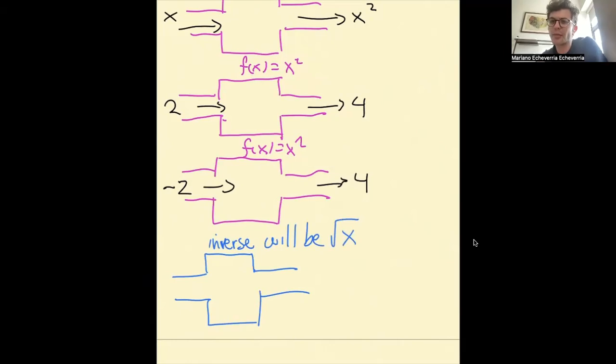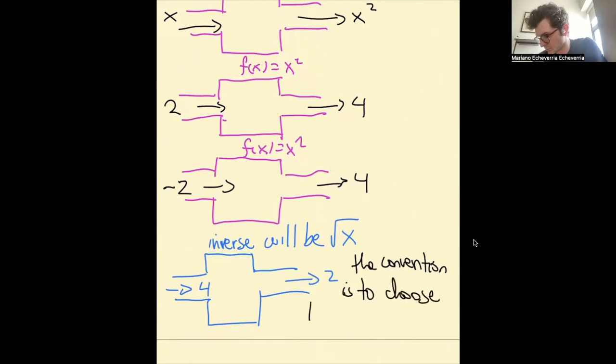If you feed 4 to it, the convention is to always choose the positive value. Otherwise, we would have two choices. Is that making sense?